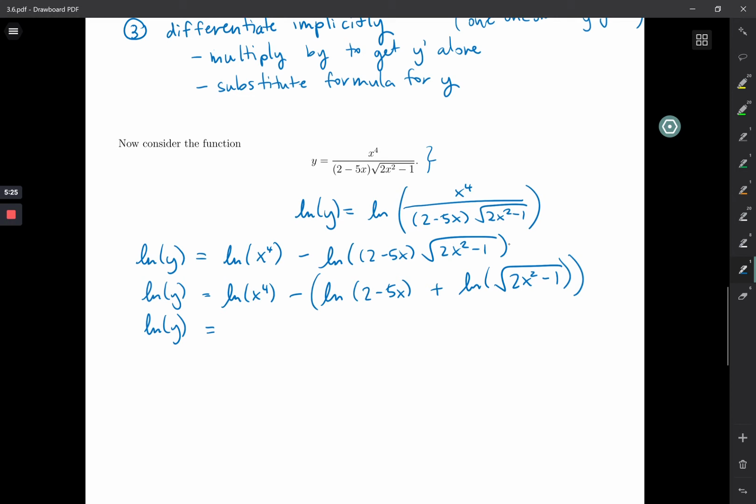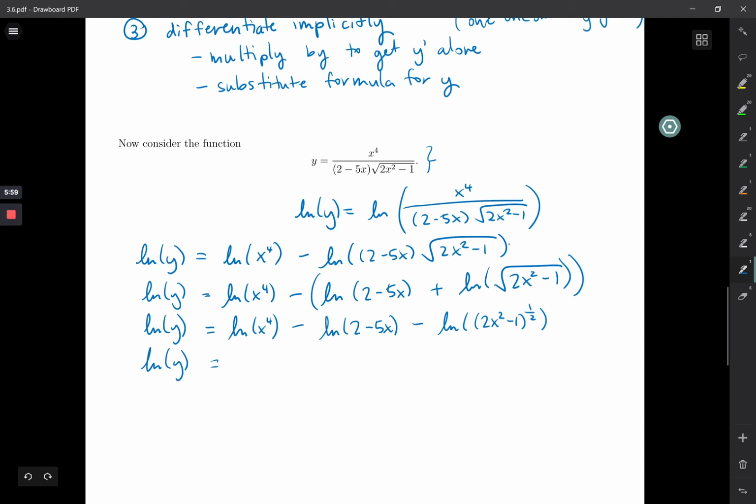I might want to distribute that negative. So natural log of x to the fourth minus natural log of 2 minus 5x minus, notice that I can rewrite this as 2x squared minus 1 to the 1/2. That 1/2 is being applied to everything inside of the natural log, so I can use that log law that lets me pull the exponent out front.